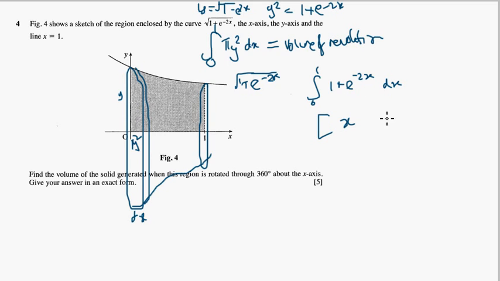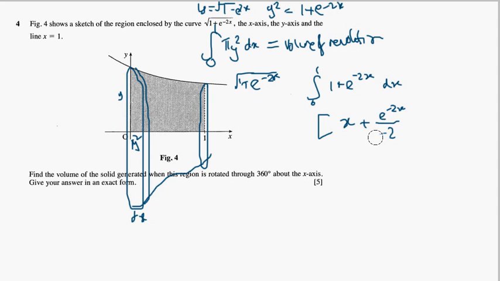E to the minus 2x will have come from e to the minus 2x. Now e to the minus 2x differentiates to minus 2 e to the minus 2x, so we're going to need to divide by minus 2. And we can rewrite that as minus e to the minus 2x over 2 because we don't like negative denominators.